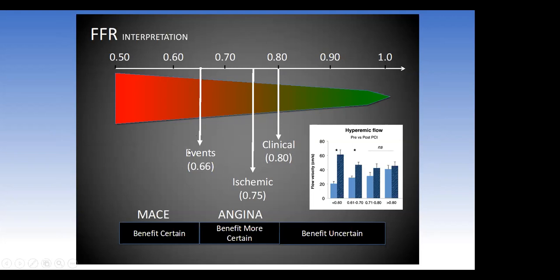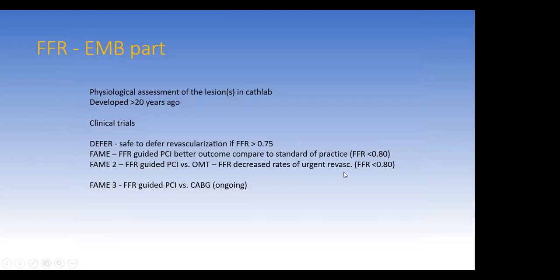And critical, if it's less than 0.66, we're barely doing those because those are 90-95% lesions. On the little squares in here, you see the pre-flow significantly reduced because of the stenosis based on the FFR. If you intervene on that lesion, flow improves. So the further away you are from 0.75, 0.8, the more benefit the patient gains.